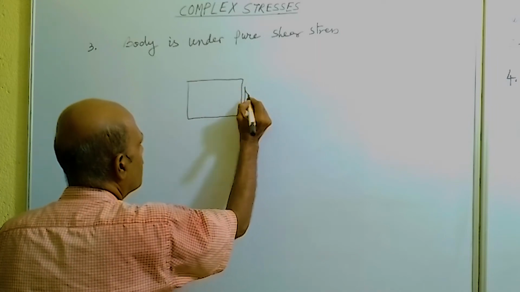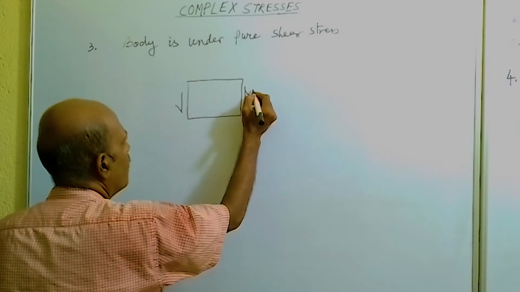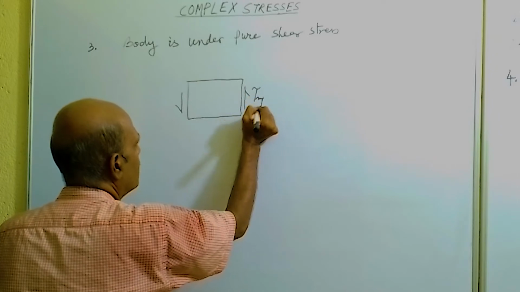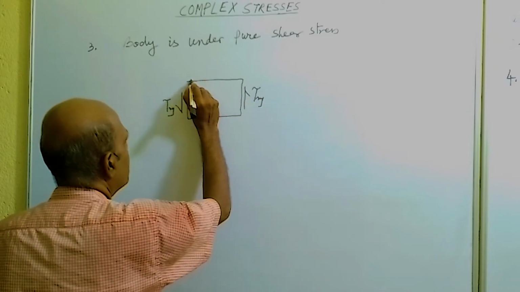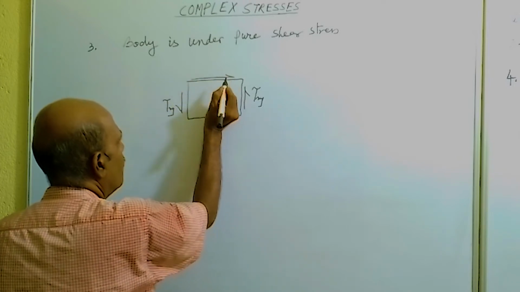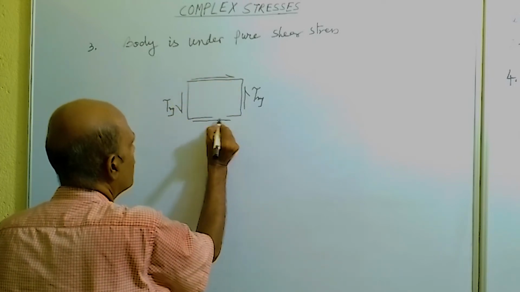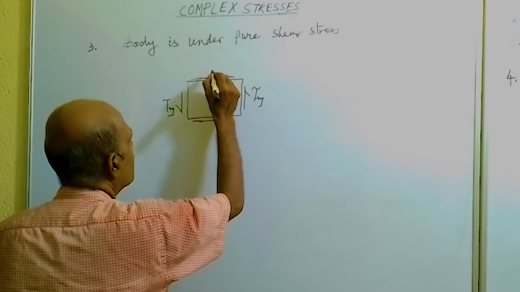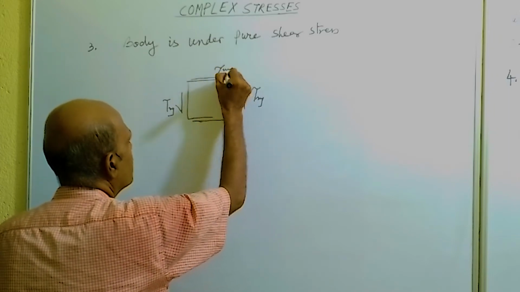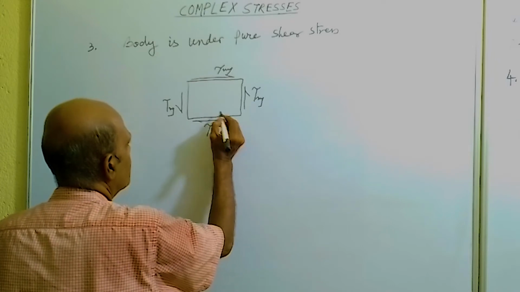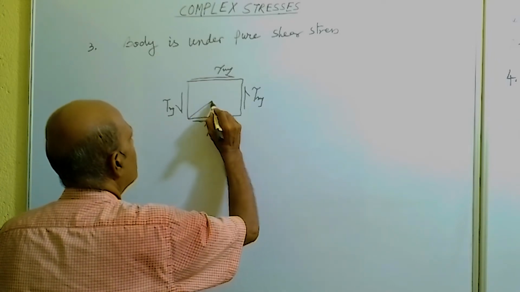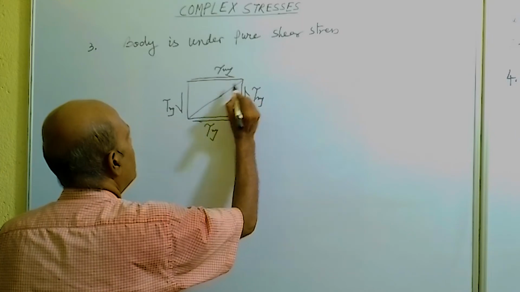Say on x face shear stress is in anti-clockwise sense, tau xy. So complementary shear stress will develop on face y, so that is also equal to tau xy. And this is the plane AC.